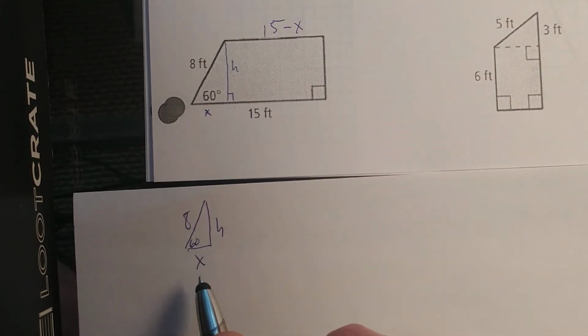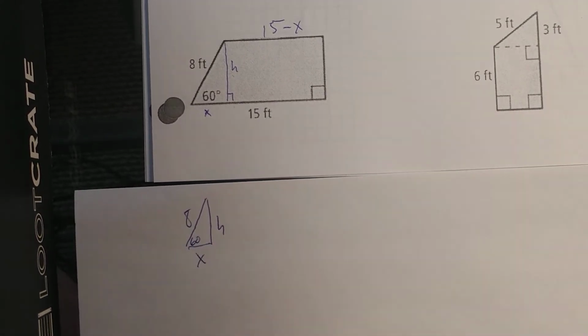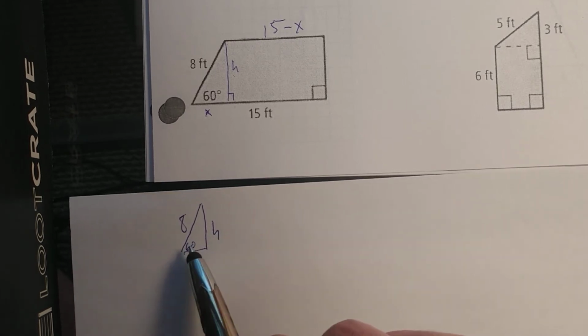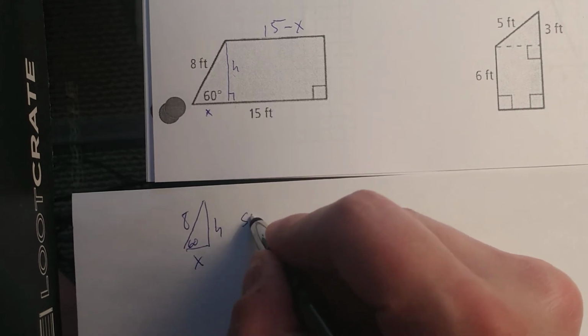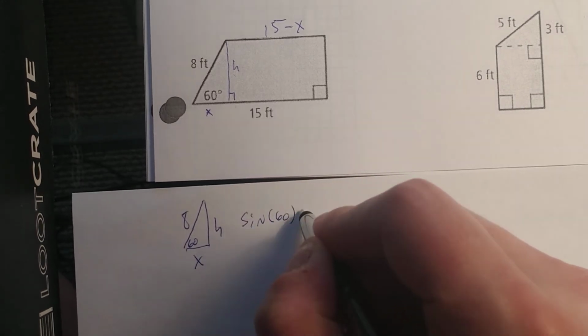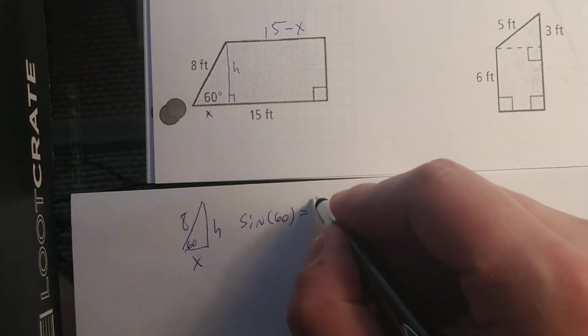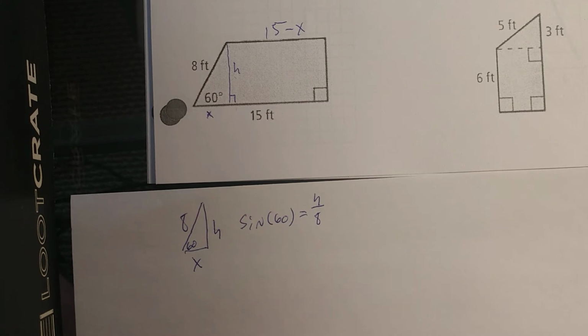I'm going to start off with, I'm given my hypotenuse, and I'm looking for one of those. So if I'm looking for my h, I look for my h first. That's opposite and hypotenuse. So that's going to be the sine of 60 equals opposite h over the hypotenuse, h over 8. So I'm going to multiply both sides by 8.